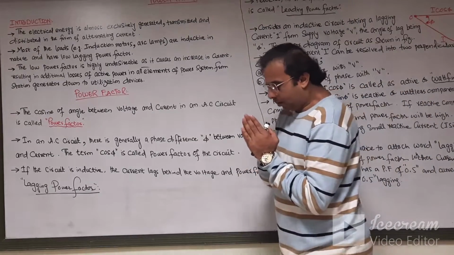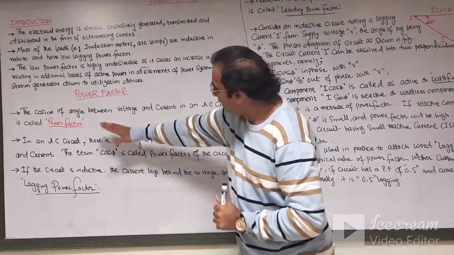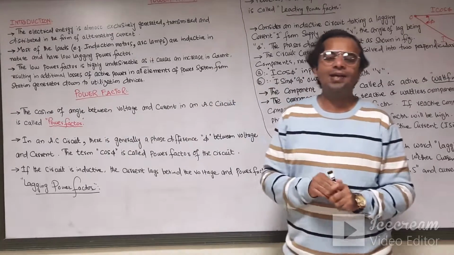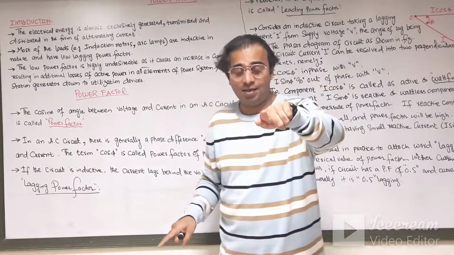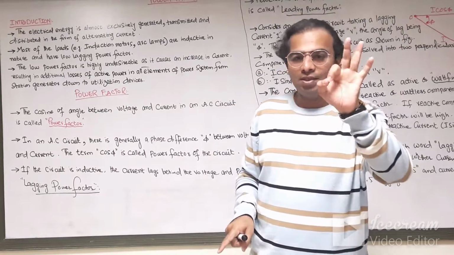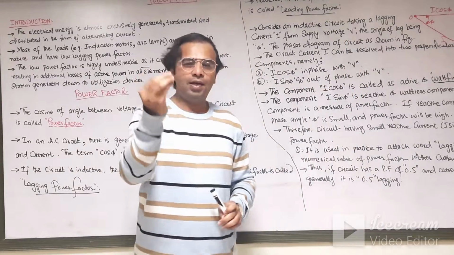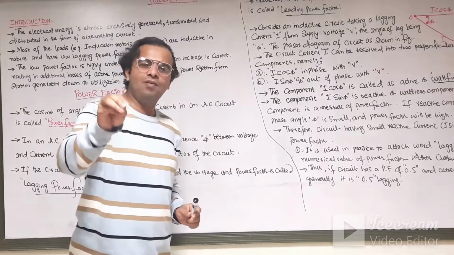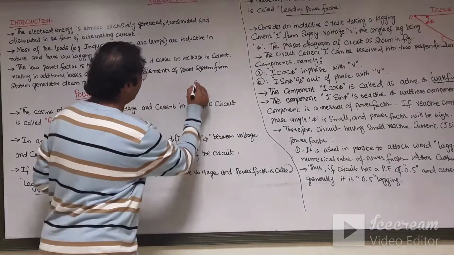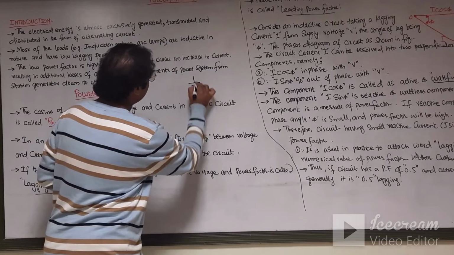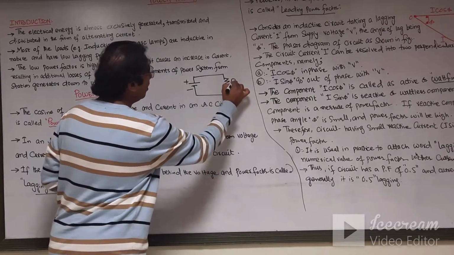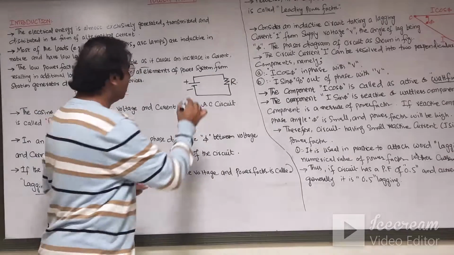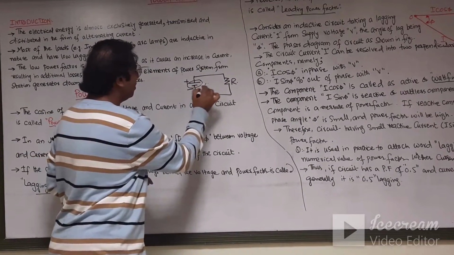So power factor is the cosine phi angle between voltage and current in an AC circuit, not in a DC circuit, because in a DC circuit the load which is always connected is simply resistive. If I draw the DC circuit, only a simple resistive load is connected with the DC supply, and here is the VDC voltage.